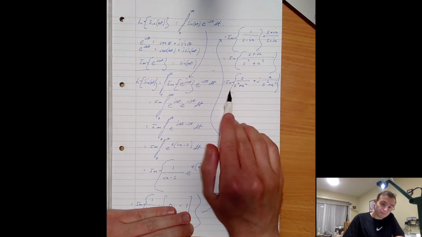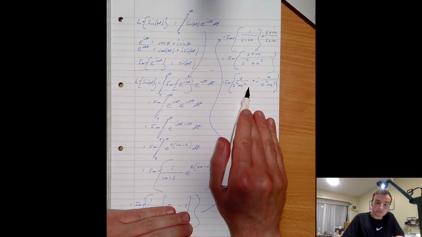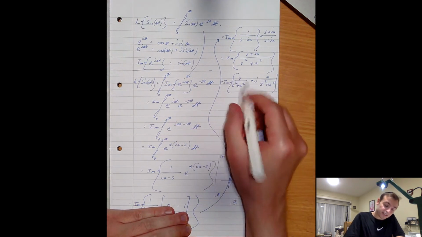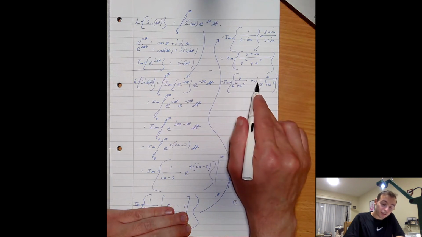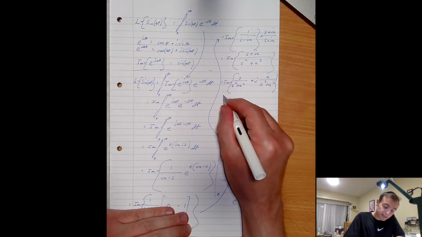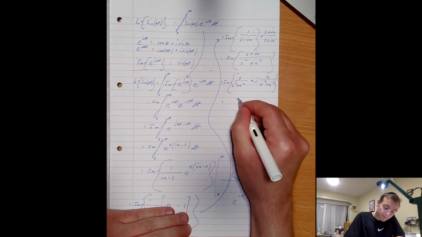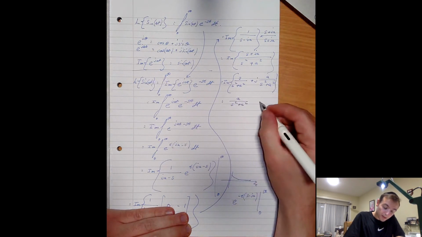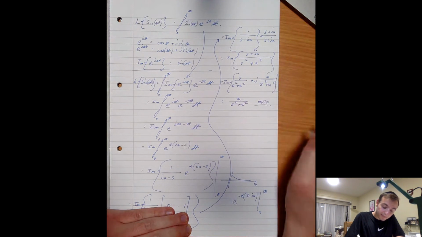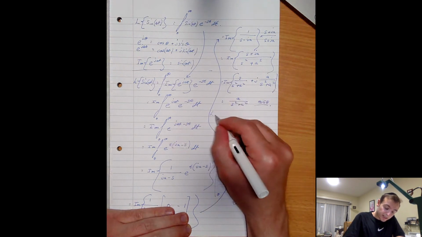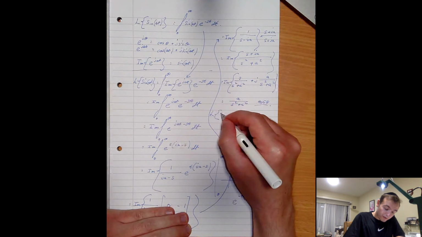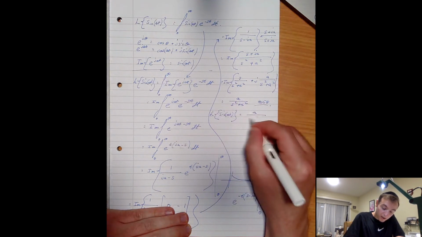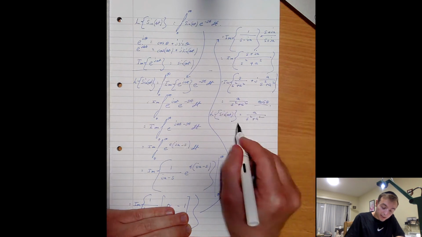The imaginary part of this whole thing is just a on (s squared plus a squared). QED. So the Laplace transform of sine at is just a on (s squared plus a squared).